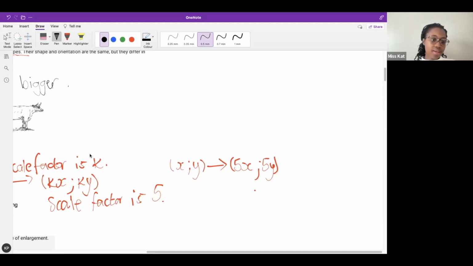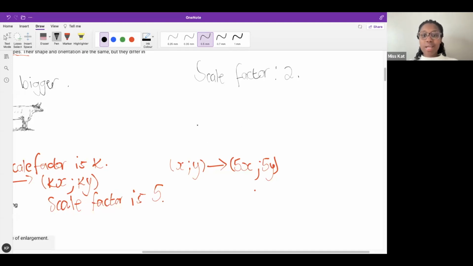Listen carefully, okay? When you are given a scale factor, that's going to tell you how much you increase your shape by. So if I say to you, my scale factor is 2, that means I have increased my shape 2 times.